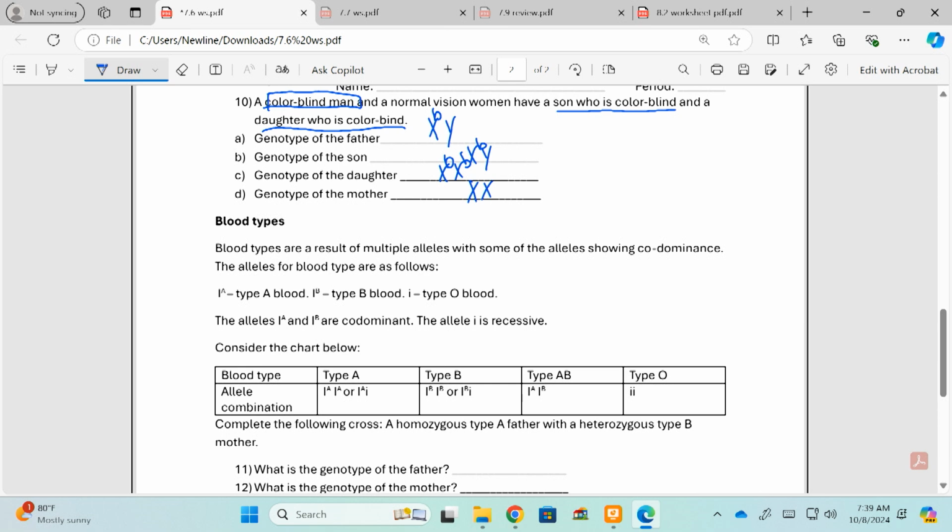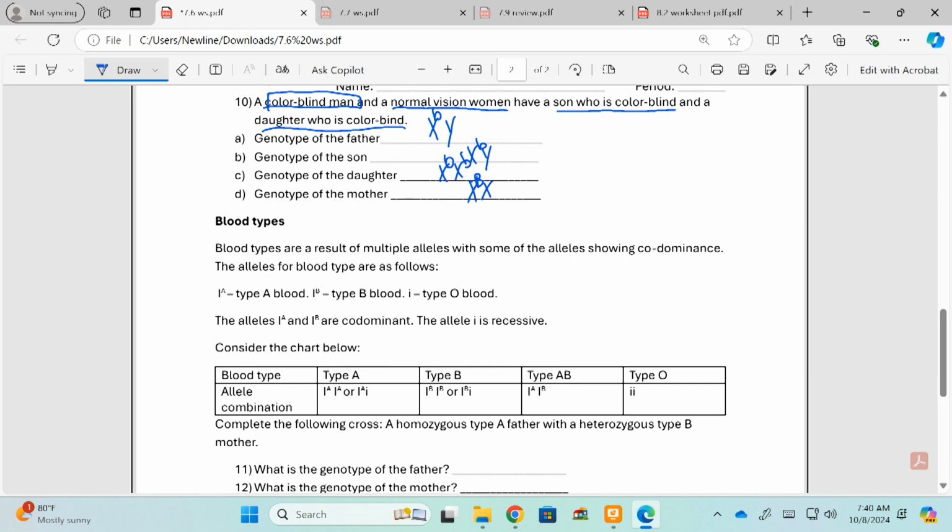Now the only place where it's kind of confusing is it says a normal vision woman. We can figure out, as far as what the mother is, we know what one of her alleles is. We know that one of the alleles has to be a capital B, right? Because she has normal vision, so she's got the allele for normal vision, which is the capital B. Now we could do a whole Punnett square and figure it out, but here's what I want you to remember: your traits, one of them comes from your mom and one of them comes from your dad.